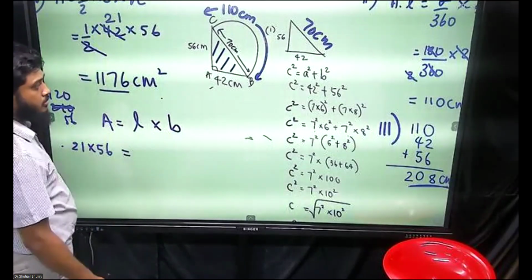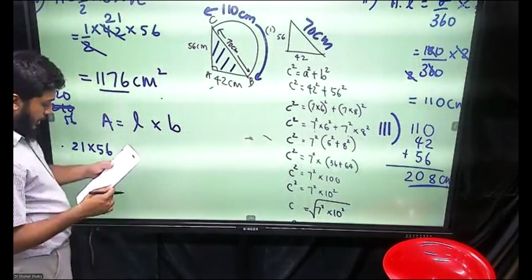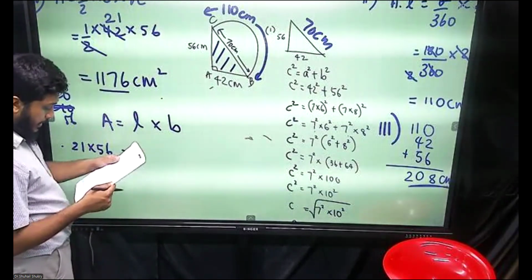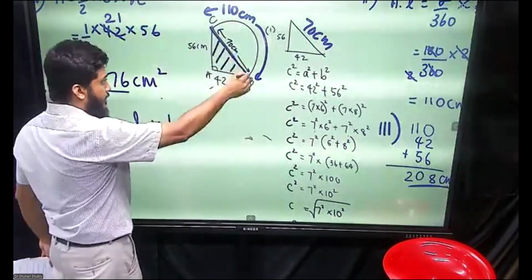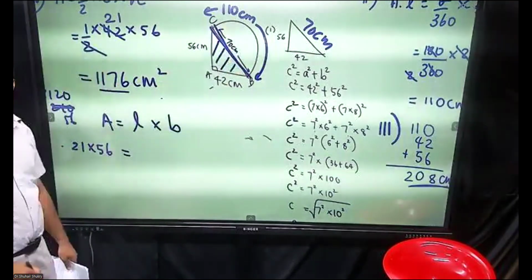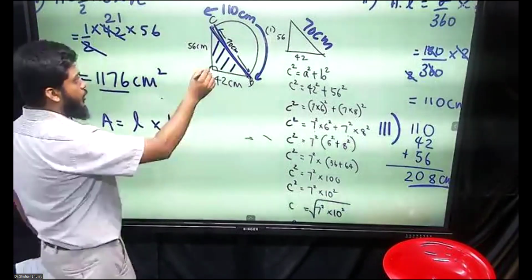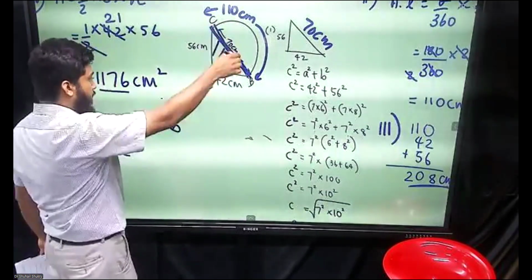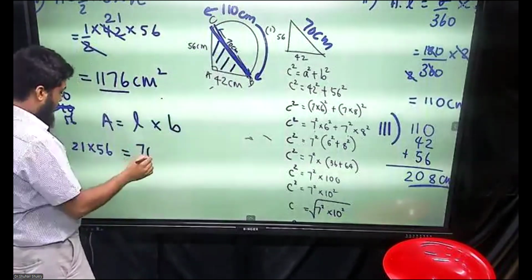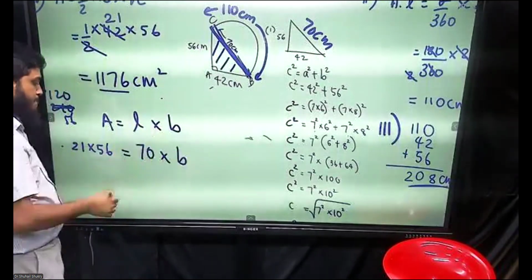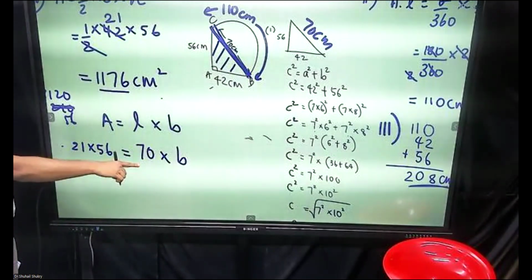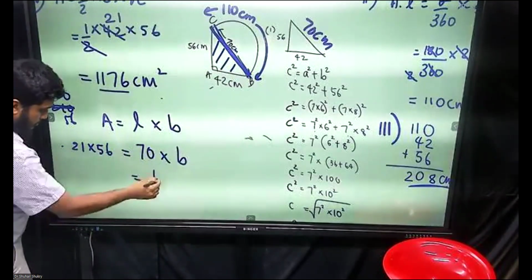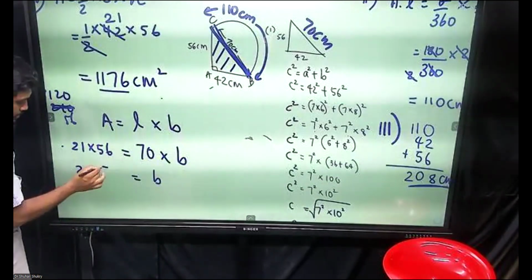Length is how much? They told you to take the side as BC. Again, BC should be the side. From this side only, you have to create the new rectangle. So BC's length is how much? 70. Then put 70 here, into breadth. And I have taught you, if there is only multiplication, breadth equals 21 into 56.